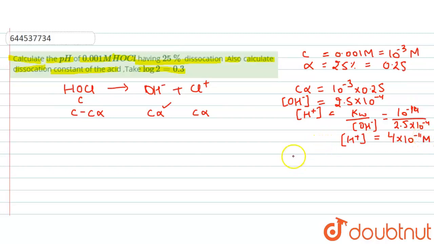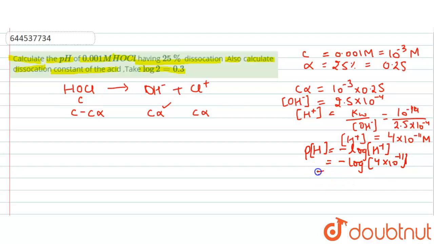Okay, after finding the H positive ion concentration, we can find the pH of the solution, which is equal to minus log of H positive ion concentration, that is minus log of 4 into 10 raised to power minus 11.